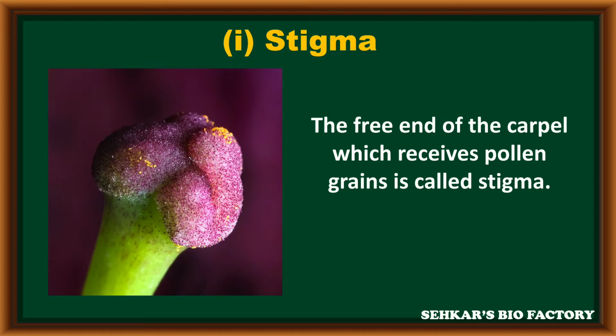The stigma has various characters. These characters are useful to recognize the suitable pollen grain, and after identifying a suitable pollen grain, it allows its germination. These are the main functions of the stigma.